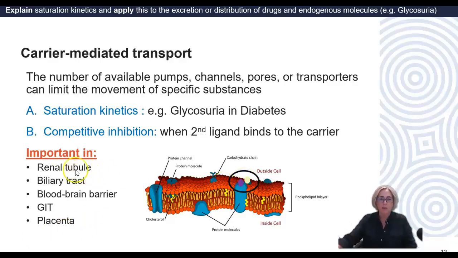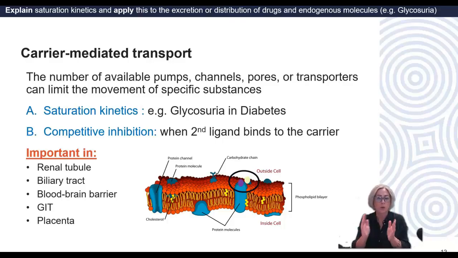And where we find this really important is in the renal tubule. In our case, if we're talking about drug molecules, a lot of the drug molecules are too big to be filtered. So they need to be secreted into the filtrate to be removed from the body. And we often find that there are two drug molecules that require the same transporter to be secreted into the filtrate.